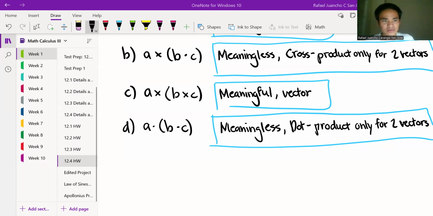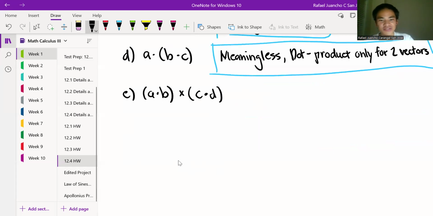Okay. E, letter E. Oh, look at that. So we have the dot product of two vectors here, and then C and D. So what's happening here? We have four vectors, A, B, C, and D. We're getting the dot product.